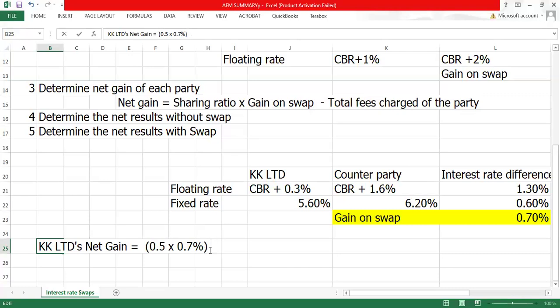We are following the formula: sharing ratio times gain on swap, then minus the total fees charged by the intermediator. How much did the bank charge KK? Do we have that cost, guys?